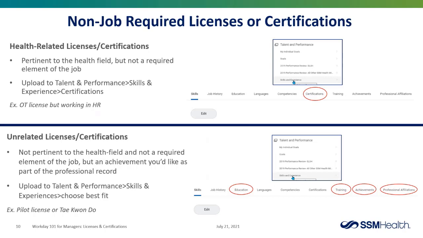You can enter your education or any other type of license certification under those fields, because we like to have just the certification that affects the health related, because that's the notification that goes out to the employees as a reminder for updating your license. So you want to make sure it's all within that health related field.